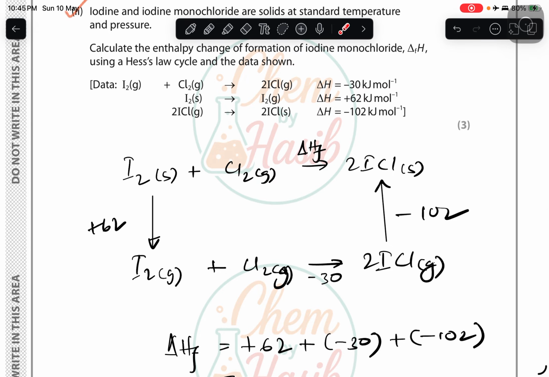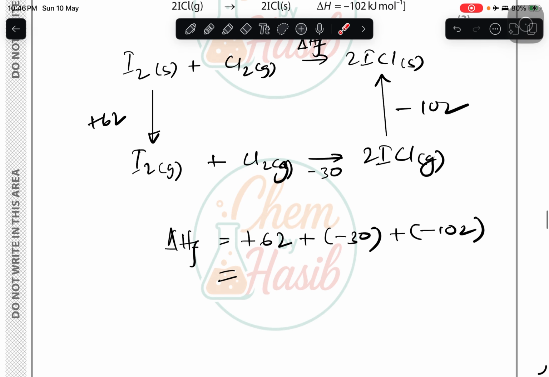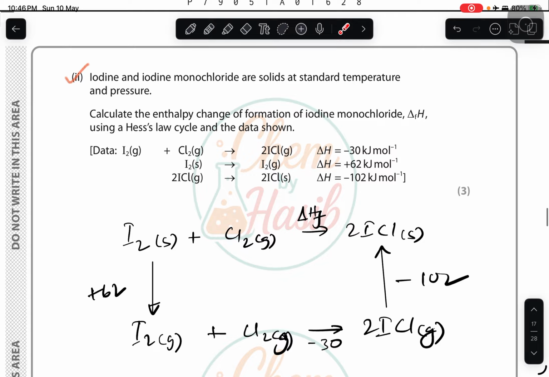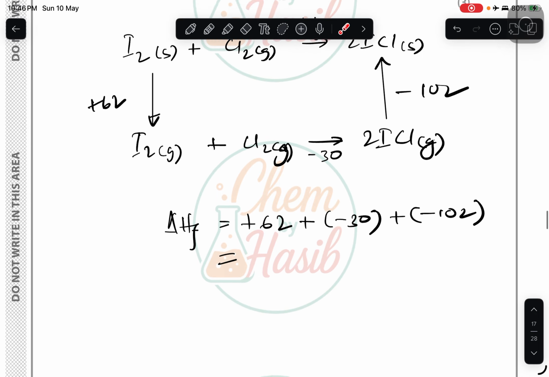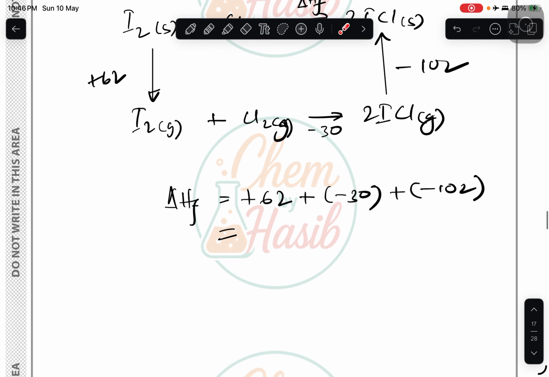I think it's fine. So if you calculate, the final answer would be plus 62 minus 30 minus 102. So the answer would be minus 70.